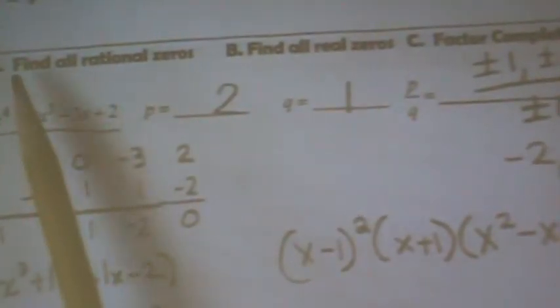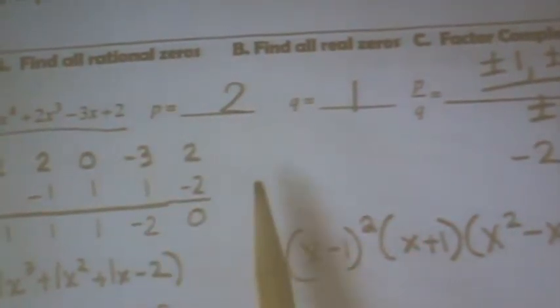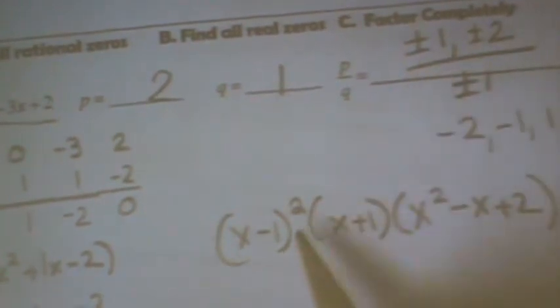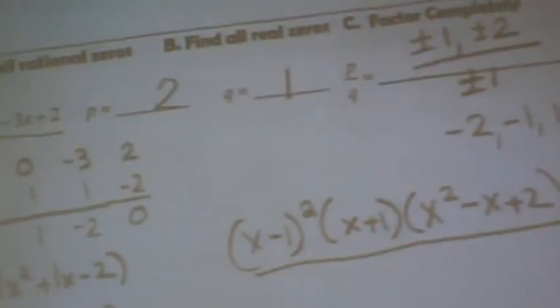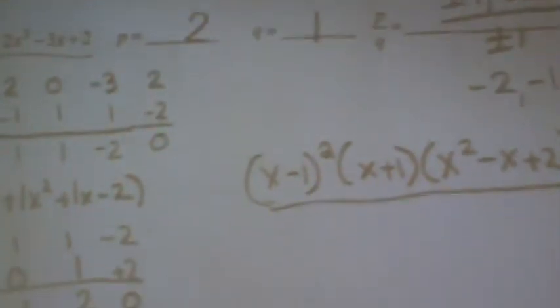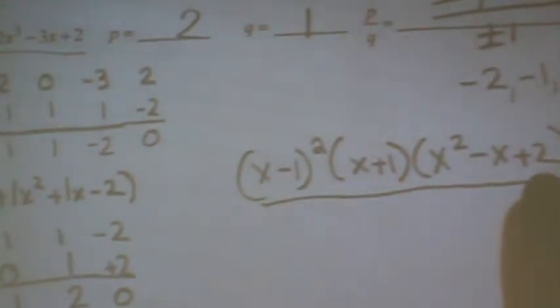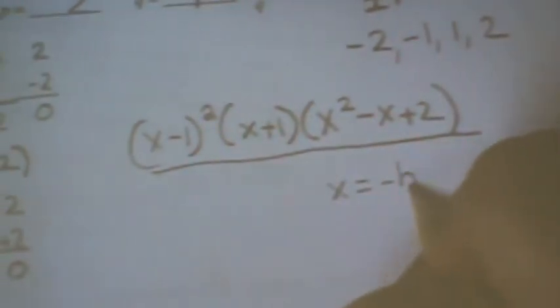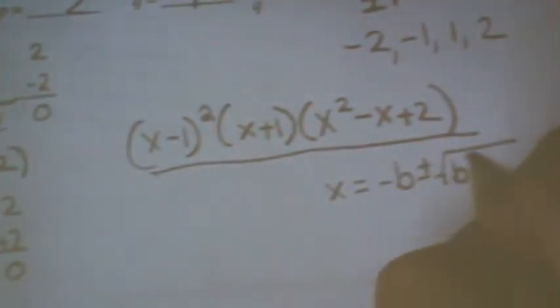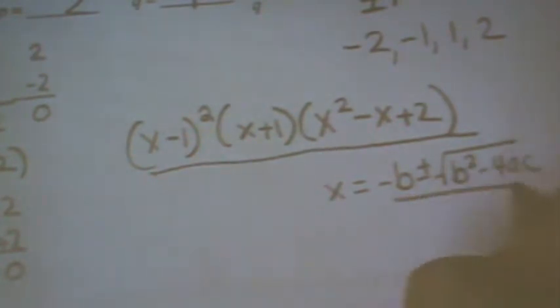Now, there's 3 questions that they're asking you here. Find all rational zeros, find all real zeros, and factor it completely. We've been factoring it. And I believe this is factored completely because this, I can't factor. Let's try it. We can use the quadratic formula. x is equal to negative b plus or minus the square root of b squared minus 4ac all over 2a.